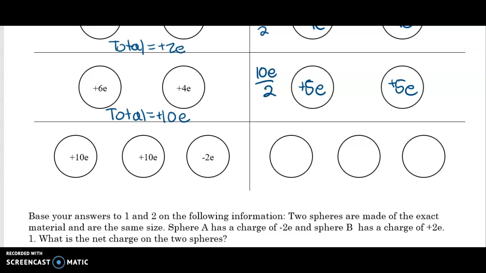We can go on to the last one, right? We have 3, but if they all come together and then they all separate, it's going to work the same way. We have positive 10 plus positive 10 minus 2. So we have a total charge here of positive 18 elementary charges. And that's going to be broken up into these 3. So we have 18 elementary charges divided by 3, and I have positive 6 in each of them.